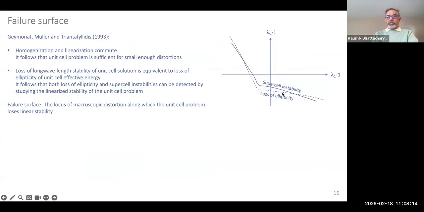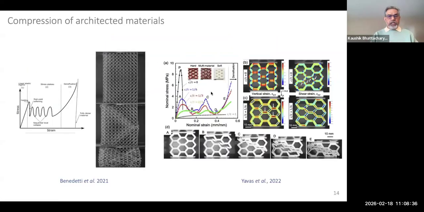So when you compress it in one or more directions, right? So if you're working in this region with this material, you can use this notion of effective property by looking at a unit cell, but you should always be aware that there is some kind of failure surface on which the material will buckle, and you have potentially long range or period doubling instabilities.